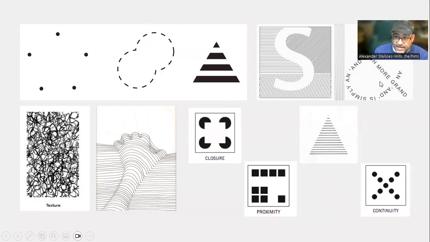There's no debate about that. Two different ways of making S's, right? So there's really an infinite number of ways of creating shapes once you embrace the idea of not doing it through fill, not doing it through delineation, but doing it through some other form of implied shape.